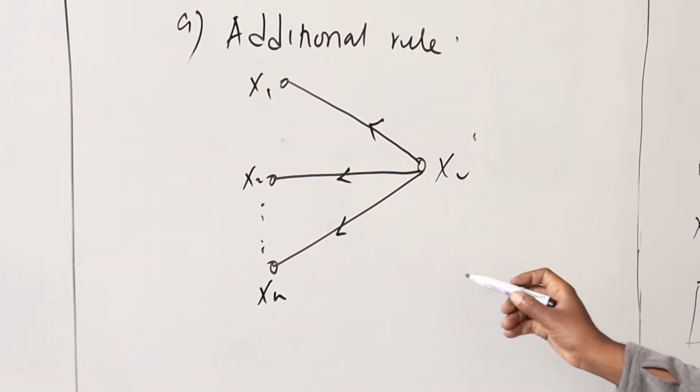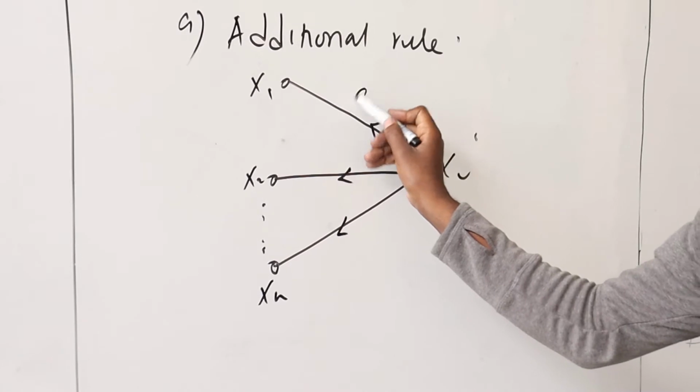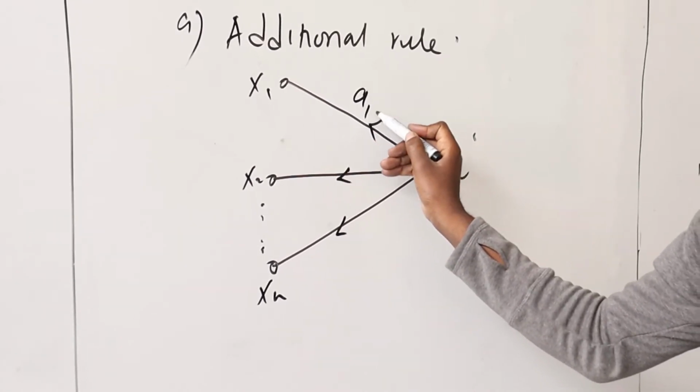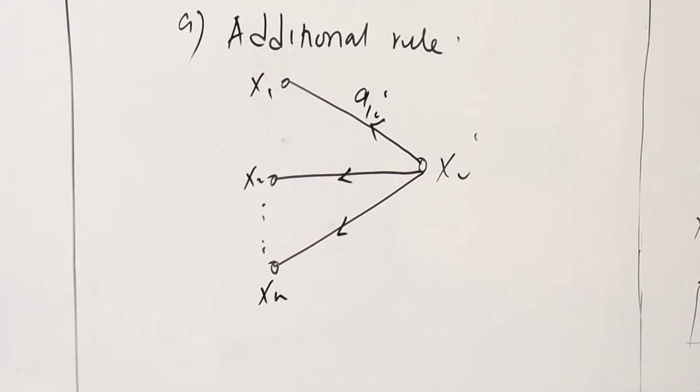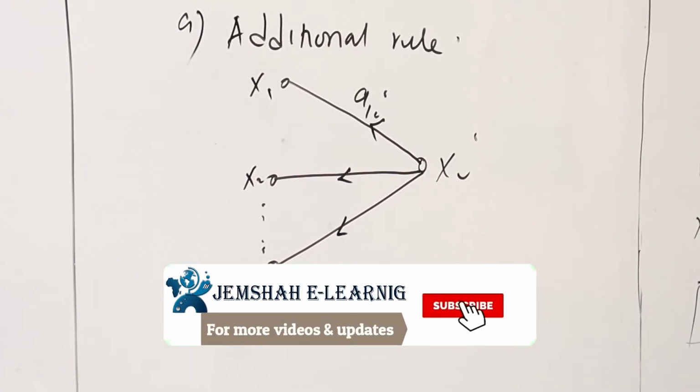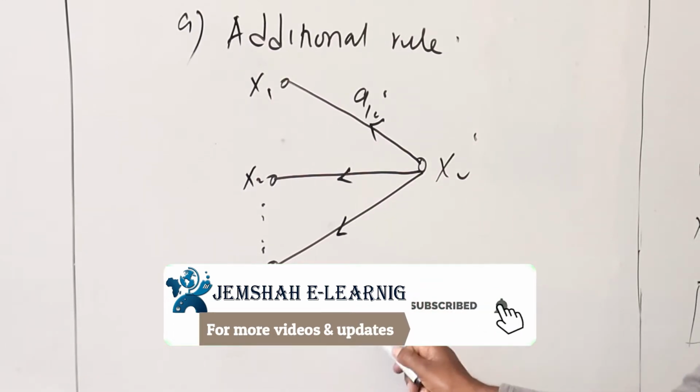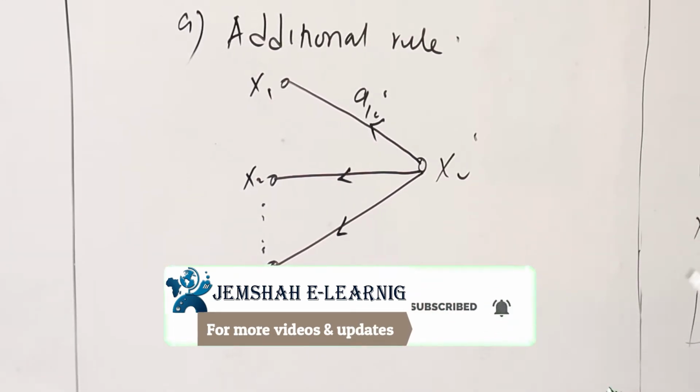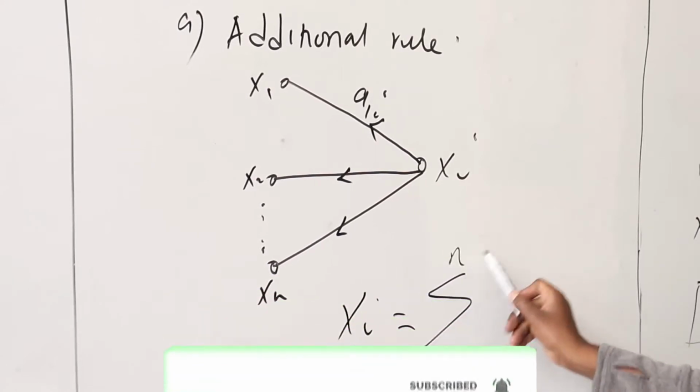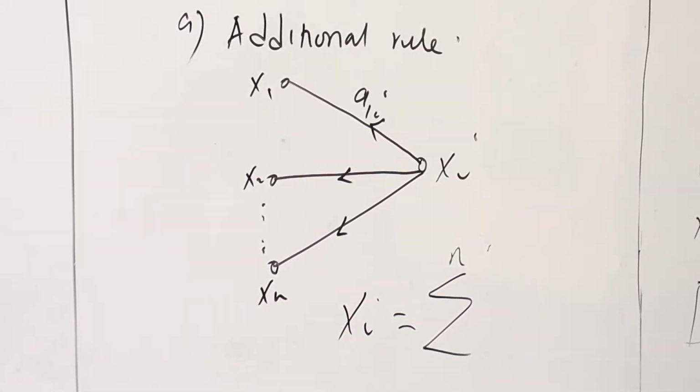If we name the gains the same way, we have a1i and so on. Then our xi here will be the summation, the sigma from j equals 1 to n, of aji xj.